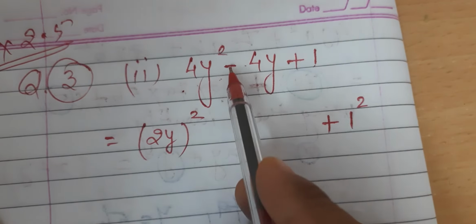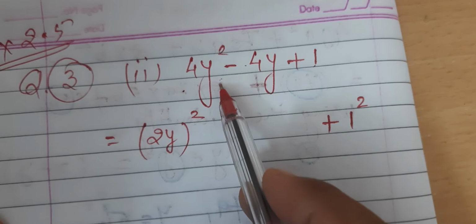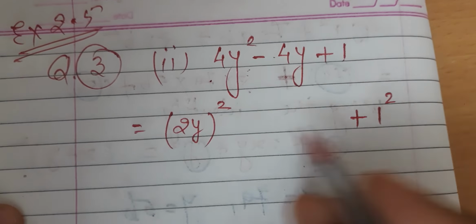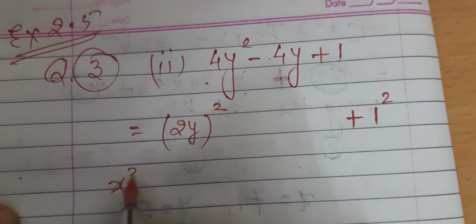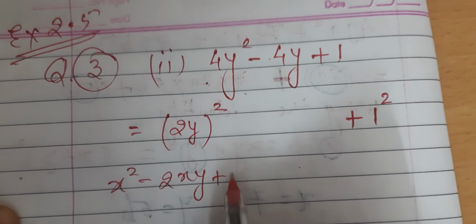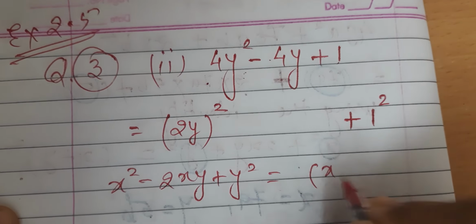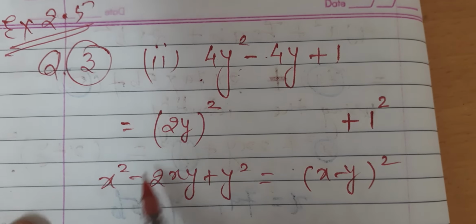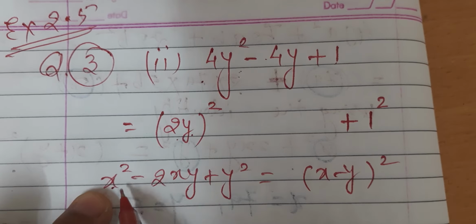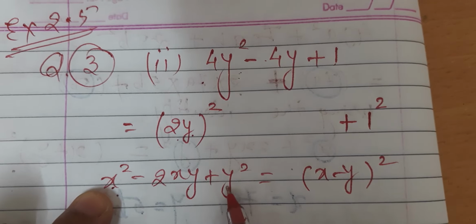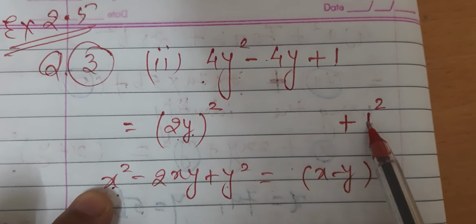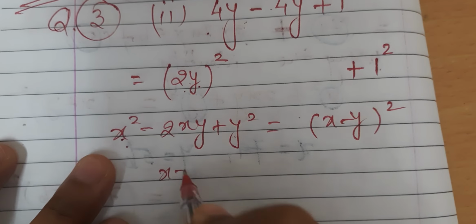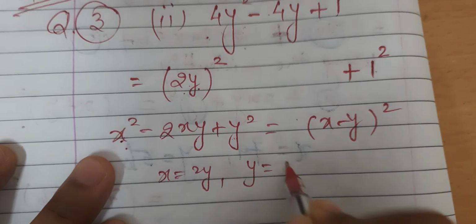So because of this minus sign, we will focus more on the second identity, which is x square minus 2xy plus y square equals to x minus y the whole square. So here we have this 2y at the place of x and 1 at the place of y. 2y at the place of x means the value of x is here 2y and the value of y is 1.